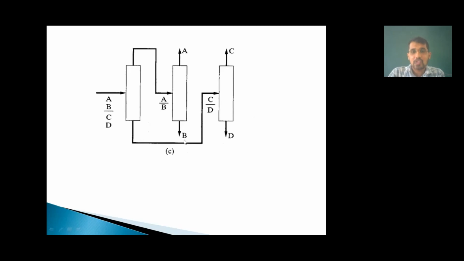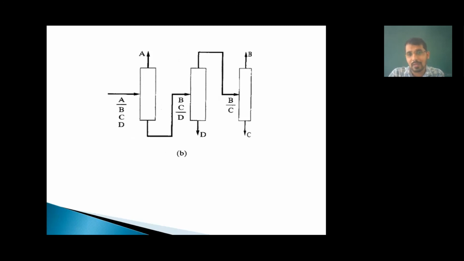After that, check which value is the least, means for which figure the effective marginal vapor rate is minimum. Whichever figure has the minimum effective vapor rate value, that is the best sequence in sequencing of distillation columns. We have seen this numerical in a previous lecture.